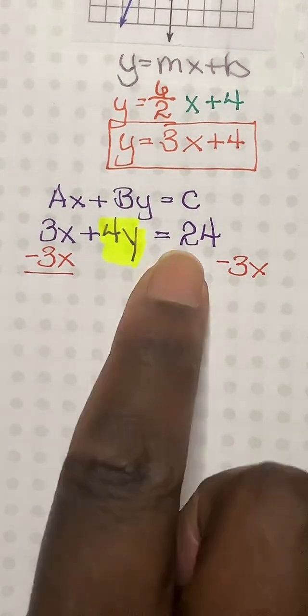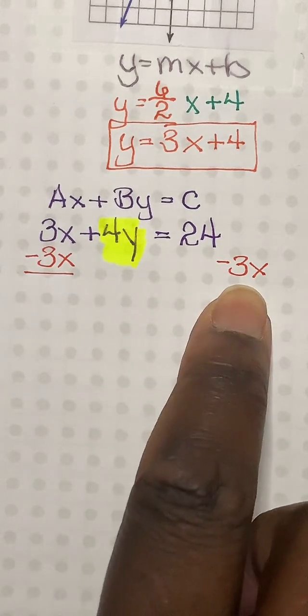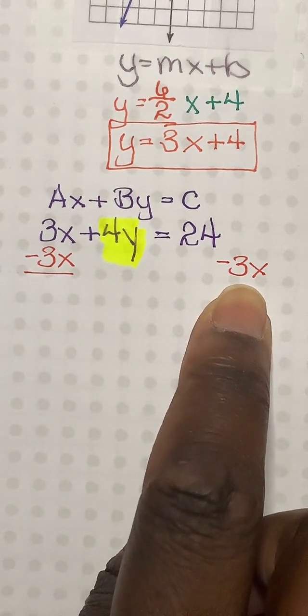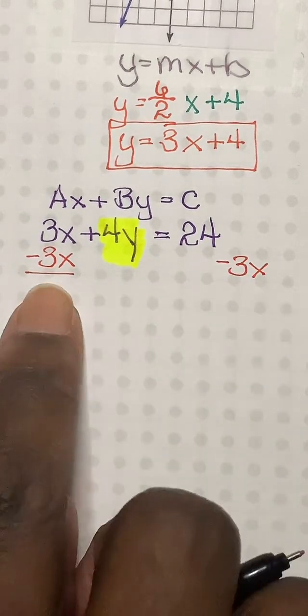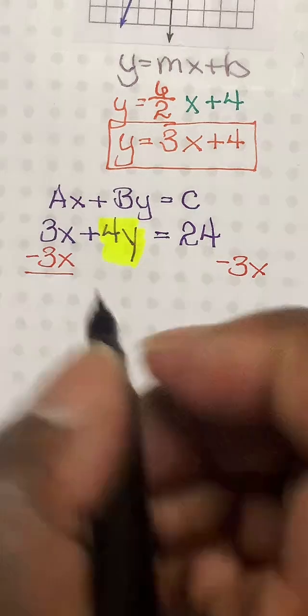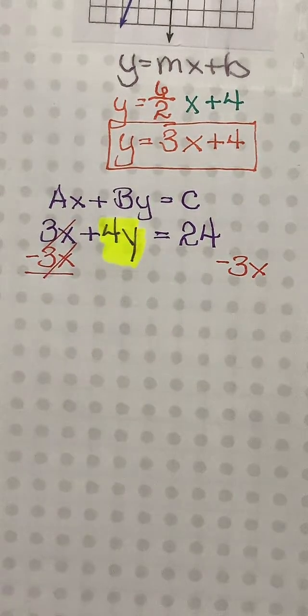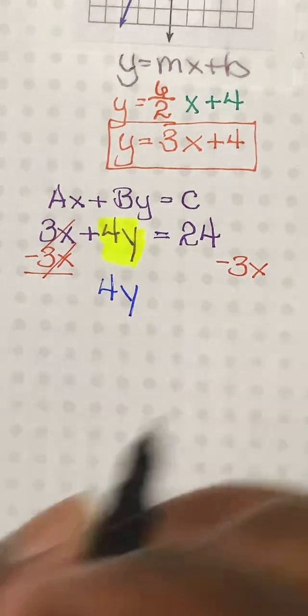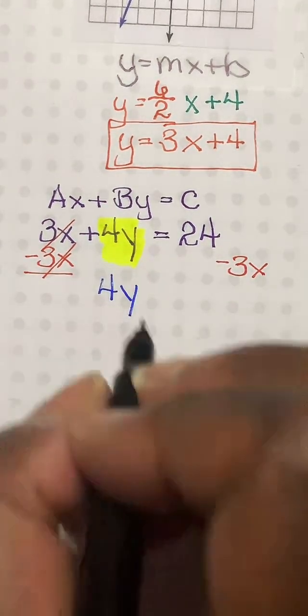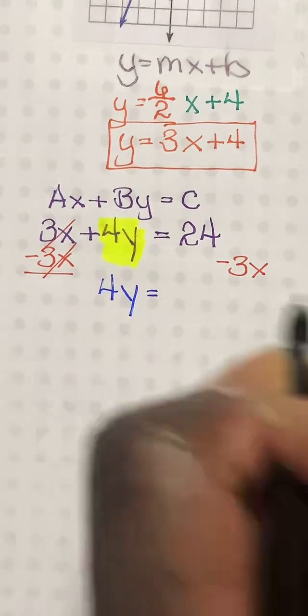I'm not going to put it directly under the 24 because 24 and minus 3x, they're not like terms. Okay, so that's why it's kind of off to the side over here. But over here, 3x minus 3x, that gives me 0. And I don't need a 0 as a placeholder because I still have this 4y on the same side of the equal sign. So I can just drop down the 4y and be perfectly fine.